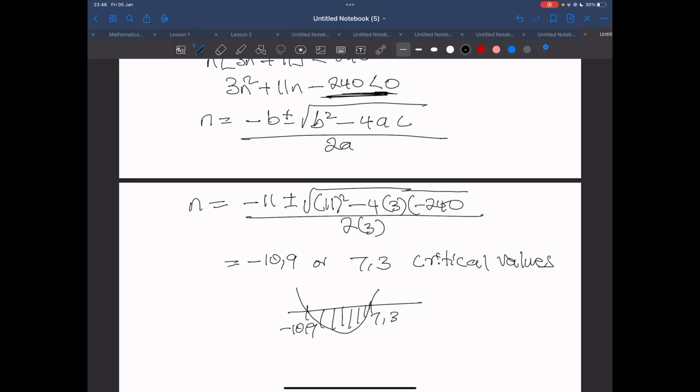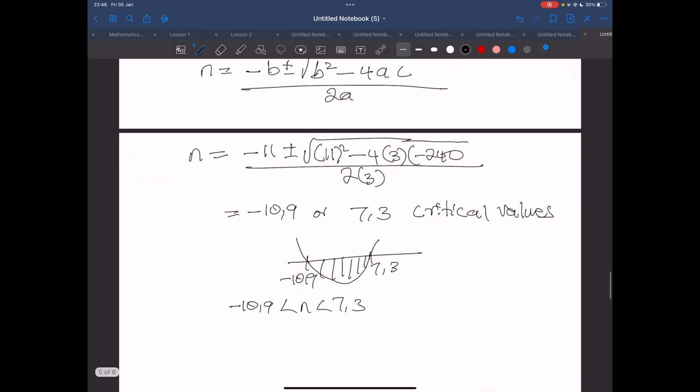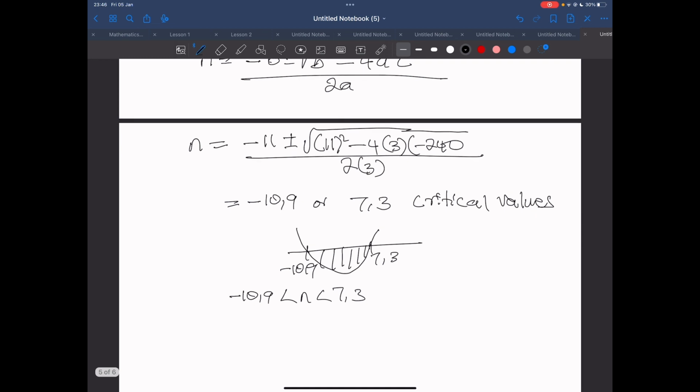So our answer n is actually between minus 10,9 and 7,3. Now we can go back to our question. If we understand sequences or patterns, n will never be a fraction. So n is an integer, it can't have commas.